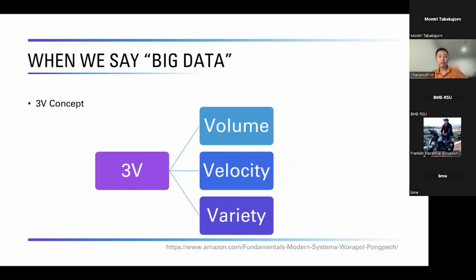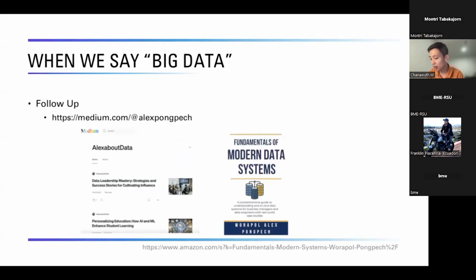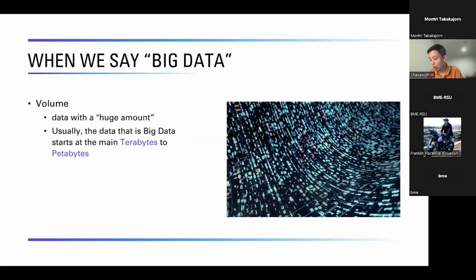The concept of big data is composed of the 3Vs: volume, which I told you in the previous slide, velocity and variety of data. You can follow my teacher, who wrote a textbook on the basics of modern data analytics; you can buy it on Amazon.